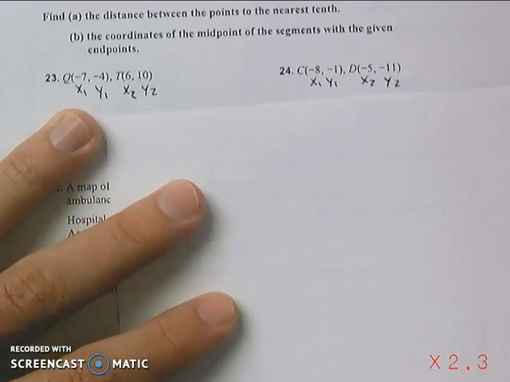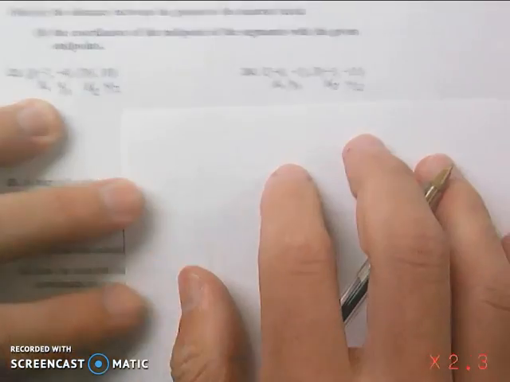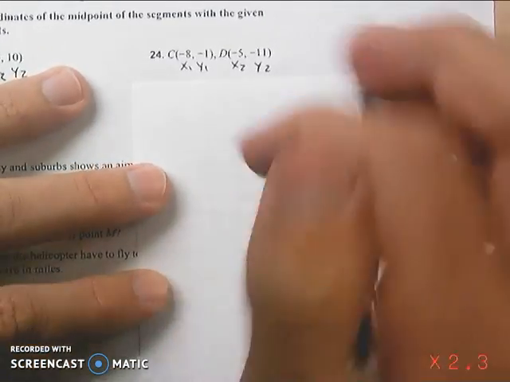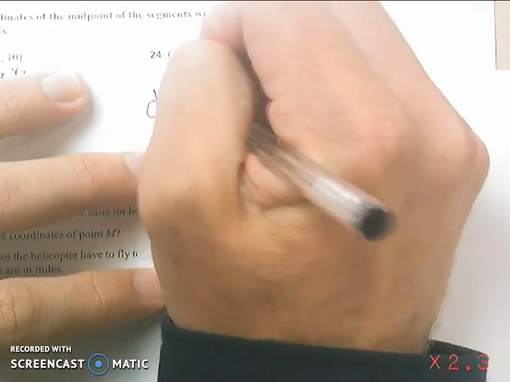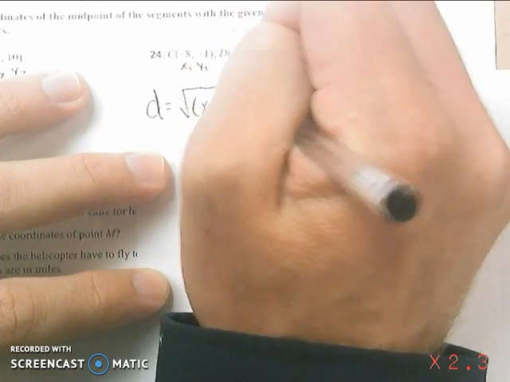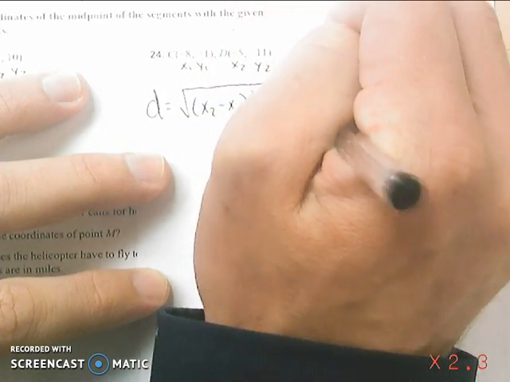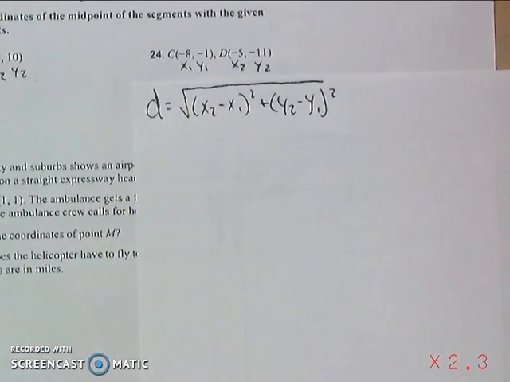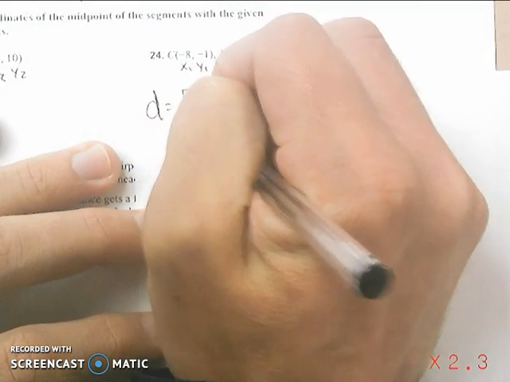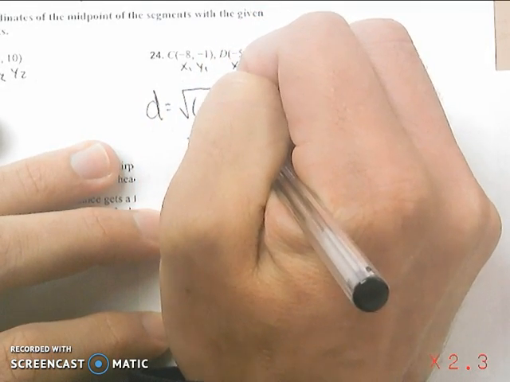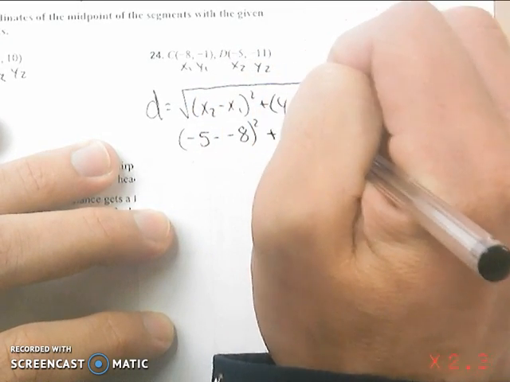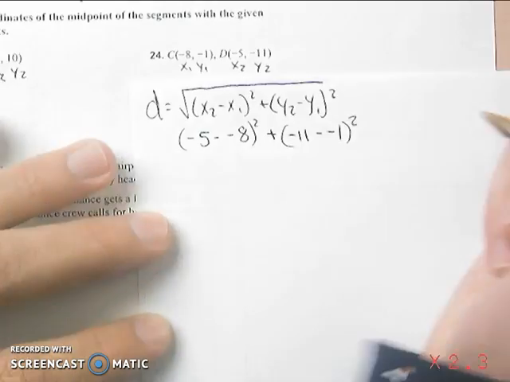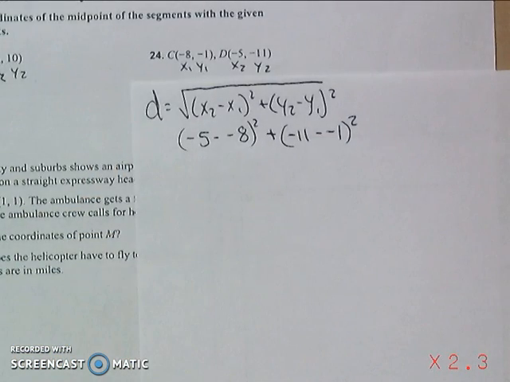I'm going to go a little bit faster on this one, so watch me work. You should try this yourself first before you just copy down what I do. This one's a little bit trickier because we do have quite a few negatives thrown around, so we got to be very careful.